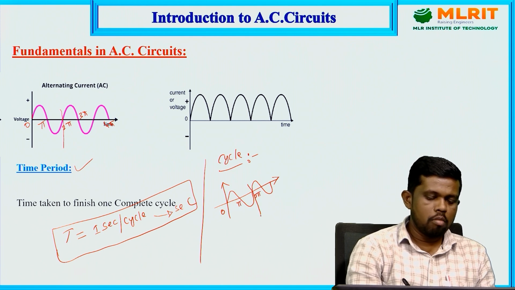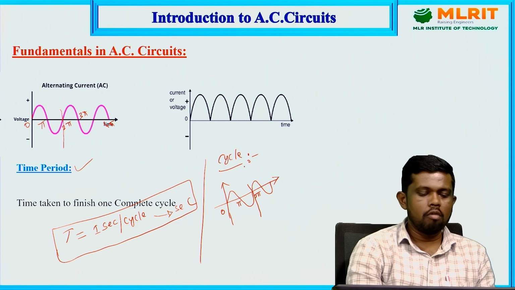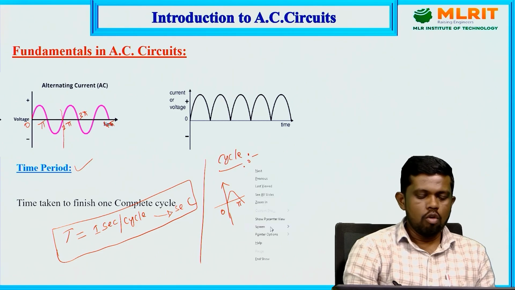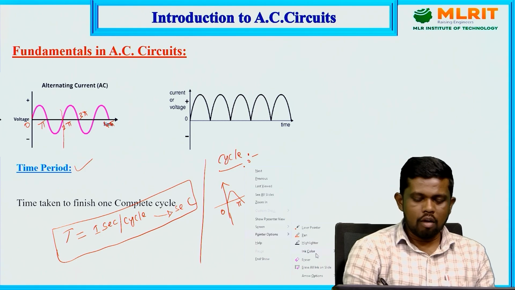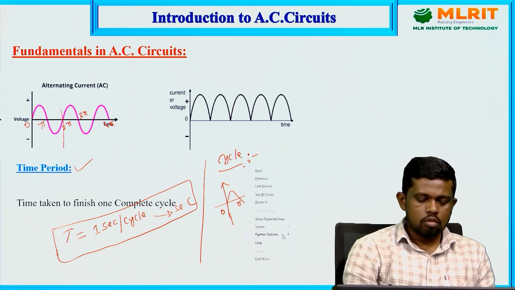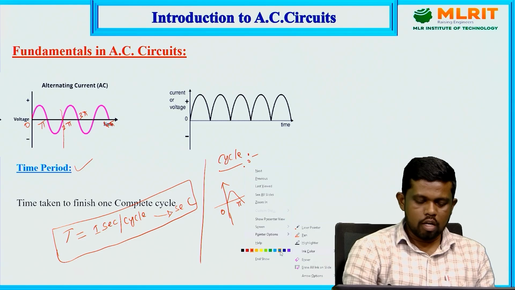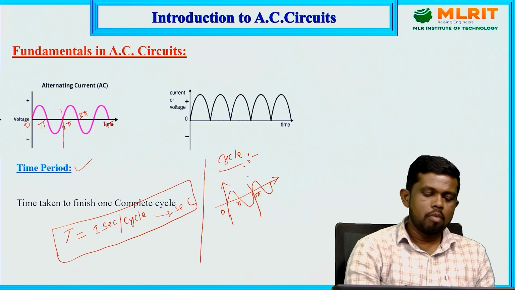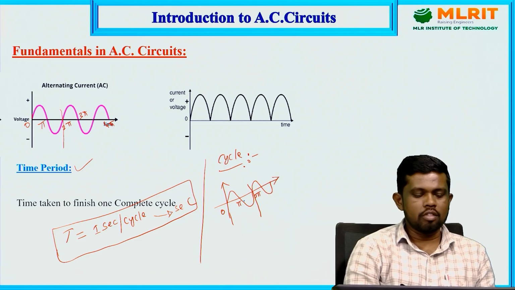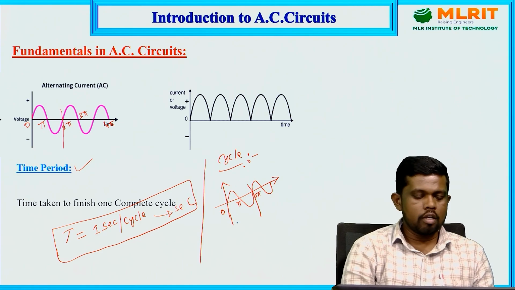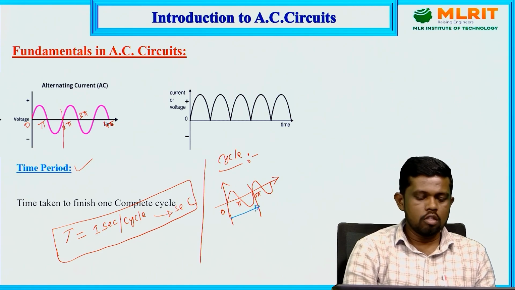This is the minimum value of the signal, which appears in the span of one time period. That is simply called a cycle. This is one cycle.